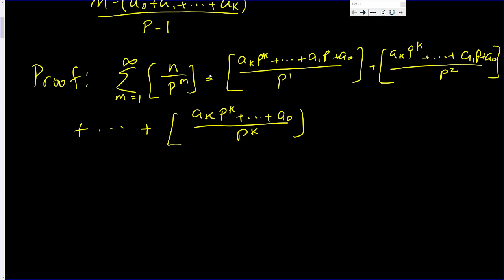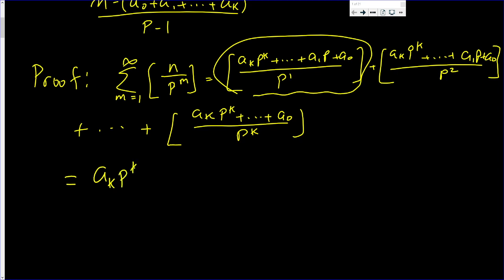So, in the first piece right here, we divide by p to the 1. So we get a sub k p to the k minus 1 plus a sub k minus 1 p to the k minus 2 all the way down to a sub 1 p divided by p. That's just going to cancel out.